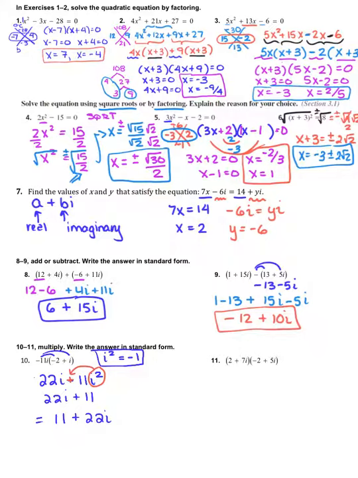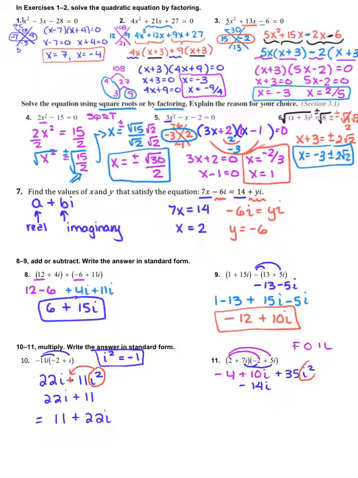Okay, next one, we're going to FOIL: first, outer, inner, last. So the first term is negative 4. Then the outer terms, 2 times 5 is 10i. Then my inner is negative 14i, which I like to write underneath, like terms. And then we have our plus 35i squared.